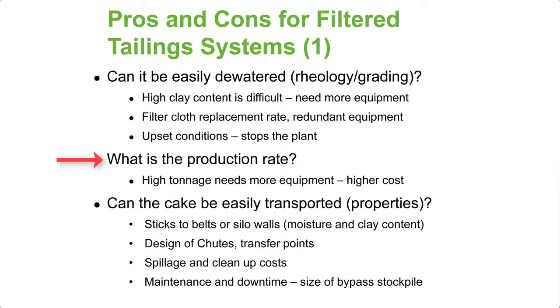And again, you need to understand what the production rates are. There's some mines that would love to be able to dewater their tailings down to some sort of cake, but they're producing 100 or 200,000 tons a day. That needs a lot of equipment, really high costs.